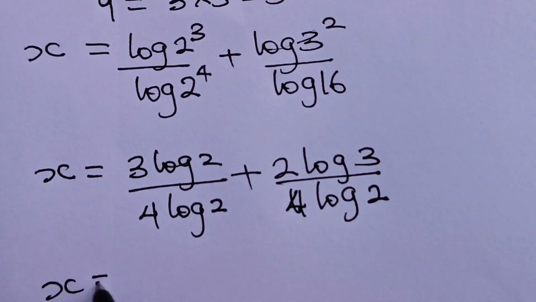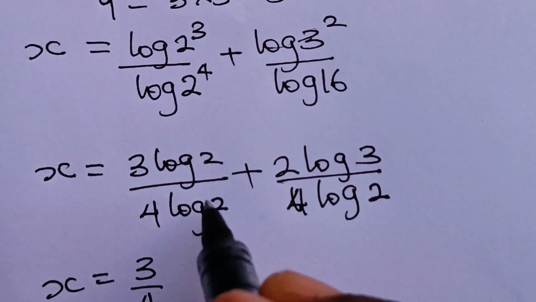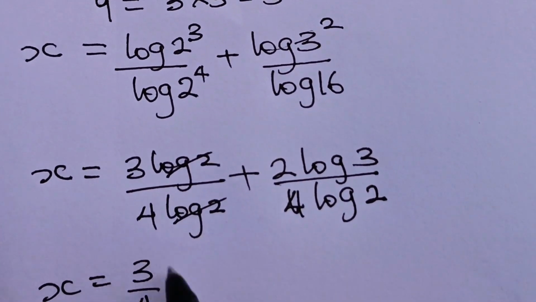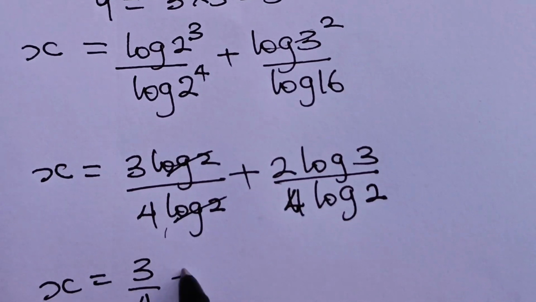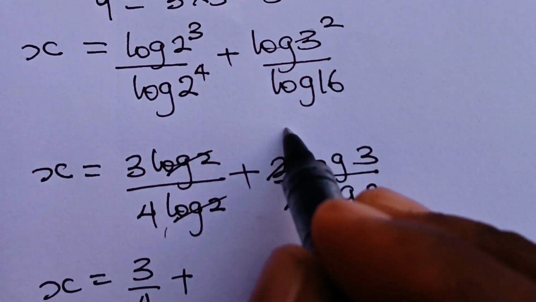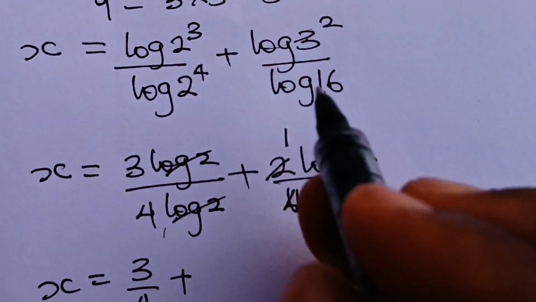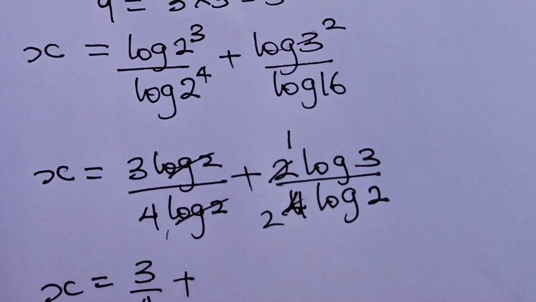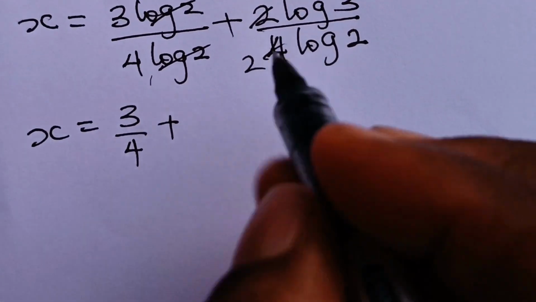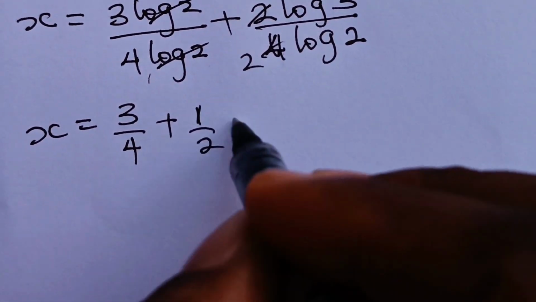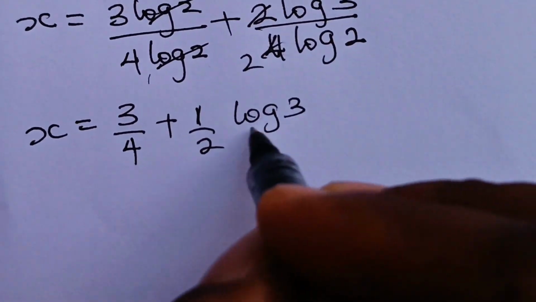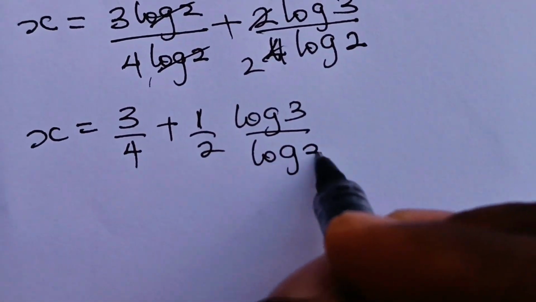So we have x is equal to 3 over 4 log 2, we cancel log 2, so we have just 3 over 4 remaining, plus now 2 we divide itself to give us 1, and we divide 4 to give us 2. So we are going to have half log 3 divided by log 2.